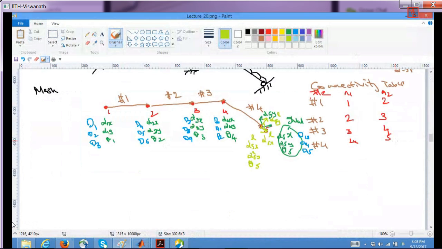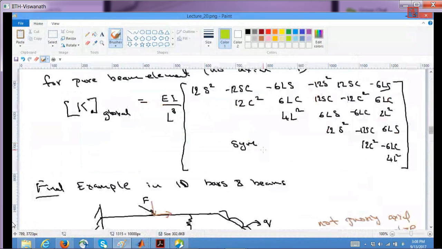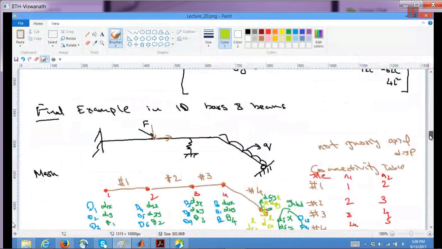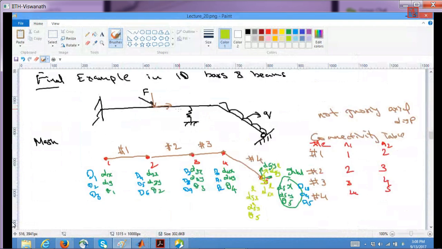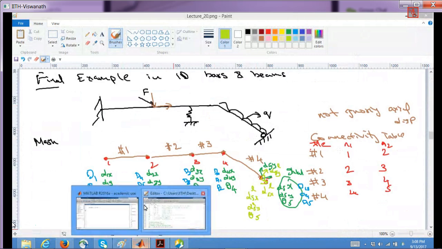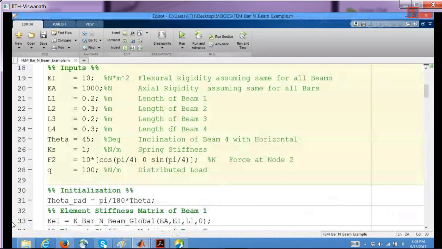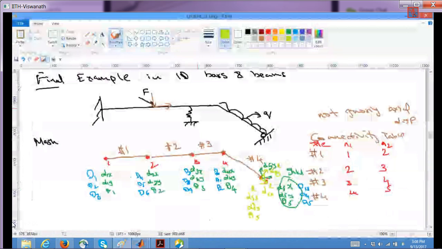Where my discretization is, as I mentioned earlier, this piece has length L1, this piece L2, this piece L3, this piece L4. So if you observe, this is the length of beam 1, beam 2, beam 3, beam 4, and the inclination of beam 4, let us say, is 45 degrees.